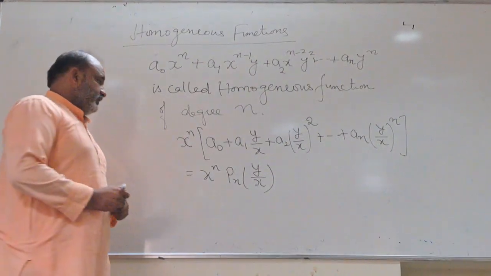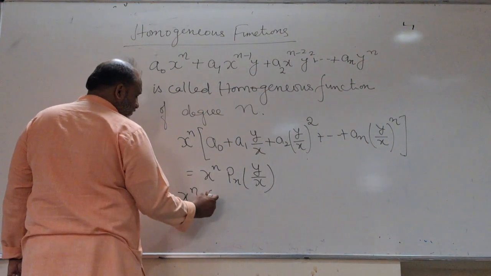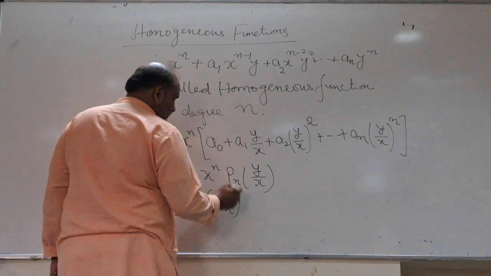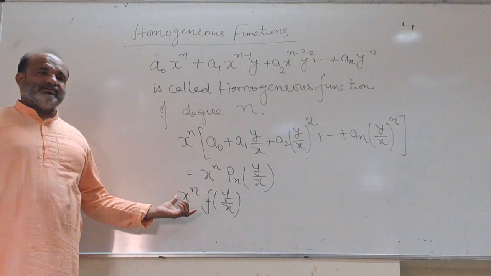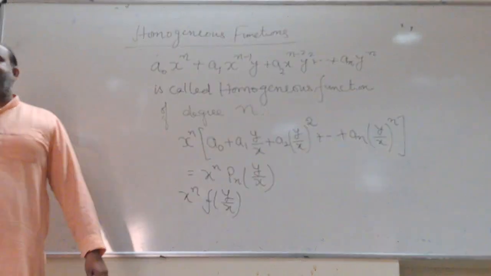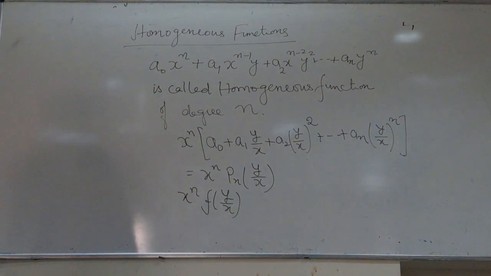A function of this type, x power n into f y by x, instead of polynomial I may generalize it, x power n into f y upon x. This is a homogeneous function of degree n. The variables are 2, x and y. Is it okay? Yes. Right.